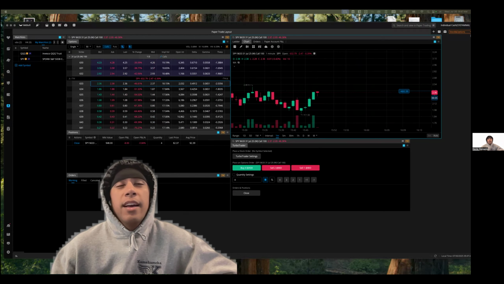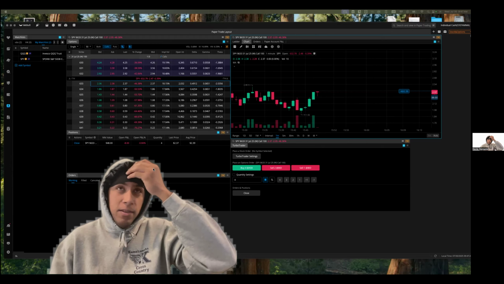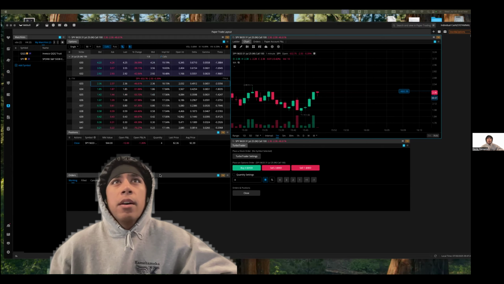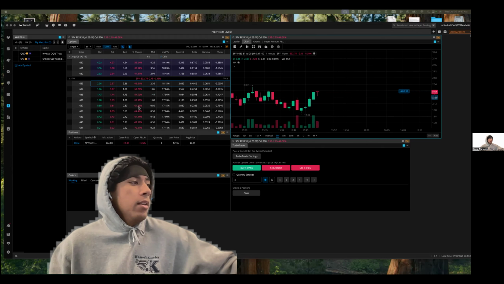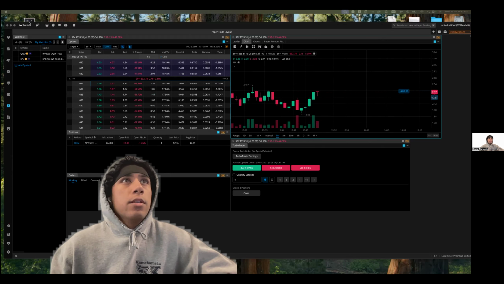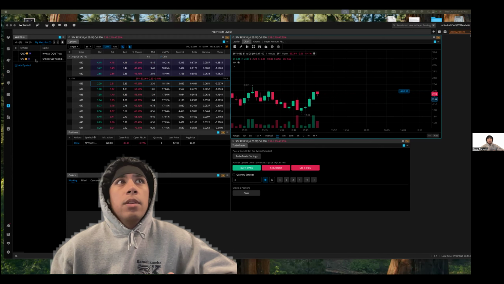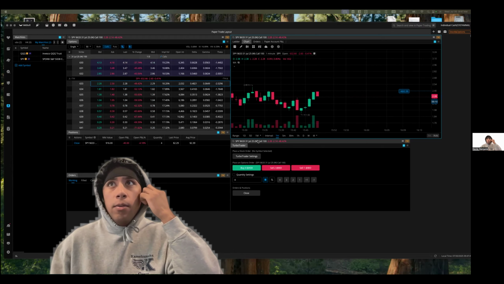I'm still kind of learning it at the same time, but to my understanding, this area right here is the watch list. The watch list is basically all the stocks that I ever want to trade. It's all bookmarked, and when I click on one, it loads the page and switches over to that stock.